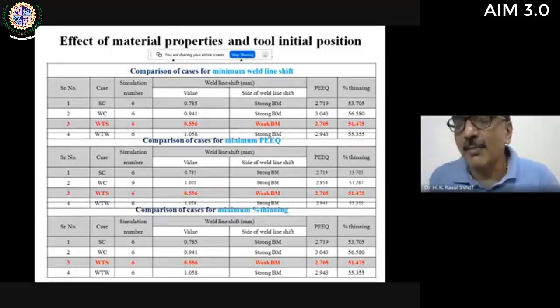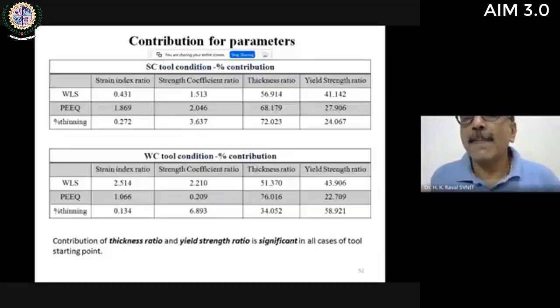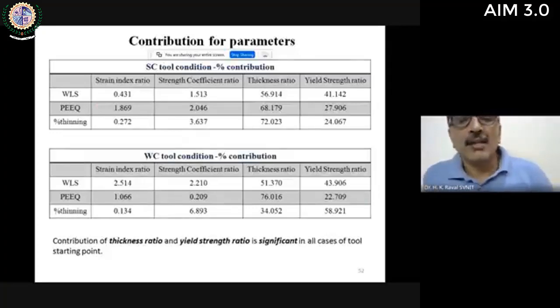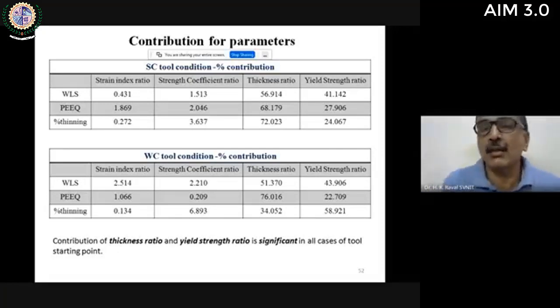That is acceptable. Then you can see the various combinations and the contributions of various parameters for all four starting points: SC, WC, WTS, and WTW.